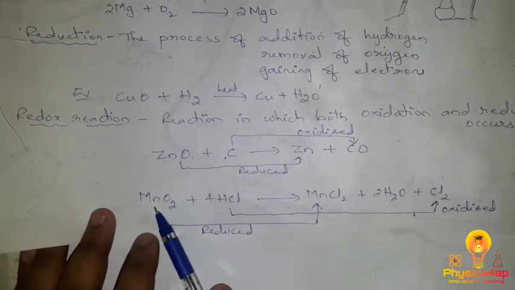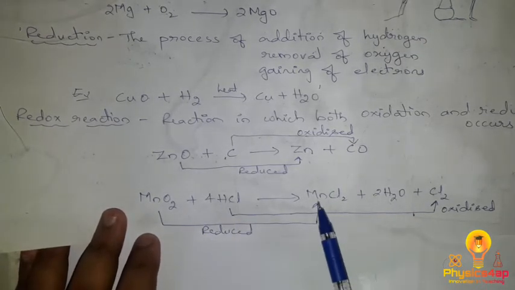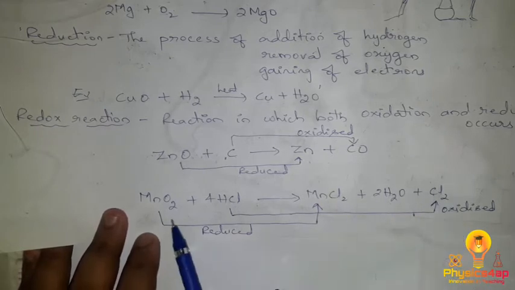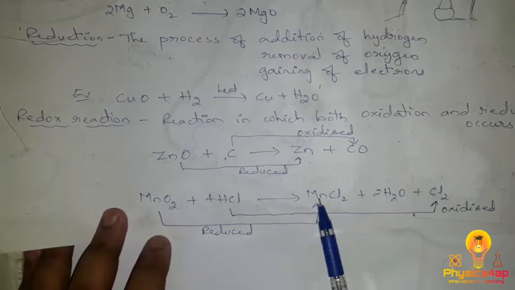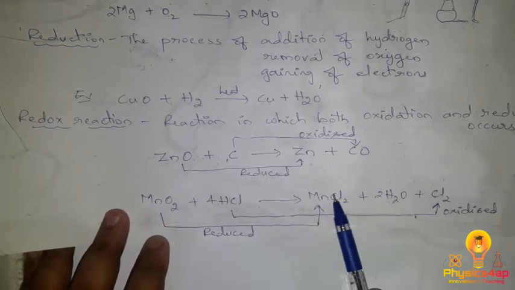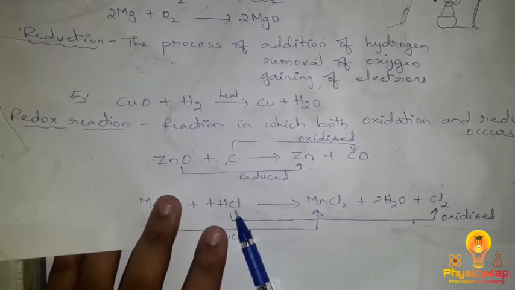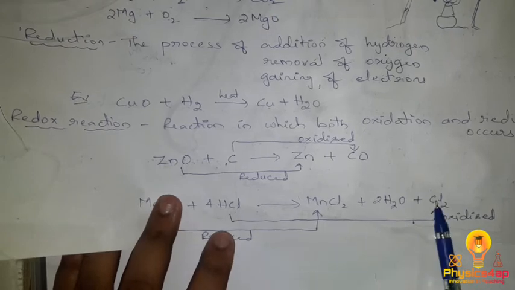At the same time, manganese dioxide reacts with hydrochloric acid, we get manganese chloride plus water plus chlorine gas. In this case, manganese dioxide is reduced to manganese chloride. That means oxygen is removed. As oxygen is removed, we call it reduced. And the HCl, hydrochloric acid, is converted into chlorine gas.